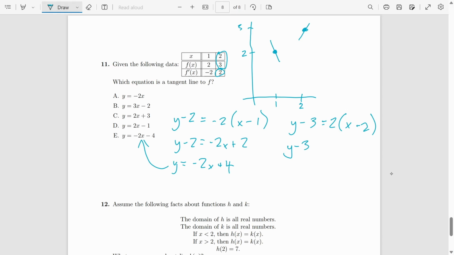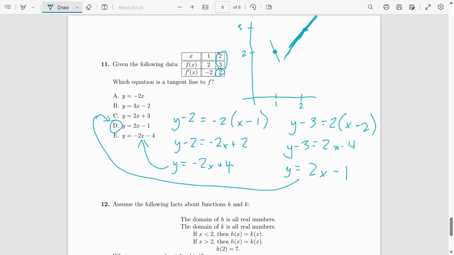Simplify, so y minus 3 equals 2x minus 4. Y equals 2x minus 1. And boom, D. Y equals 2x minus 1. That is this line. So boom, D.